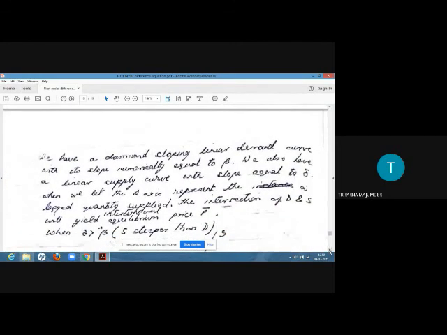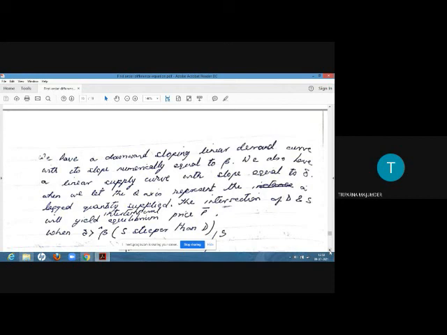Now we have a downward sloping linear demand curve with its slope numerically equal to beta. We also have a linear supply curve with slope equal to delta when we let the q-axis represent a lagged quantity supplied. The intersection of demand and supply will yield an intertemporal equilibrium P bar.